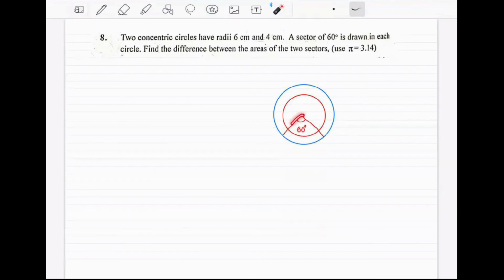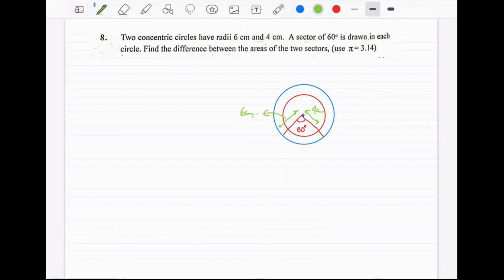You find out the area of the small one and the bigger one, and then you subtract them. Simple as that. So I'm writing the radius here also. This is 4 centimeter. The bigger one, the radius is 6 centimeter.